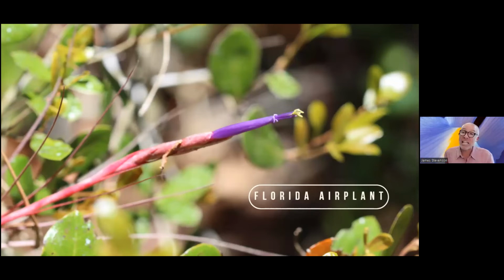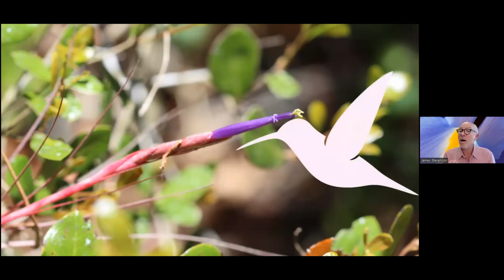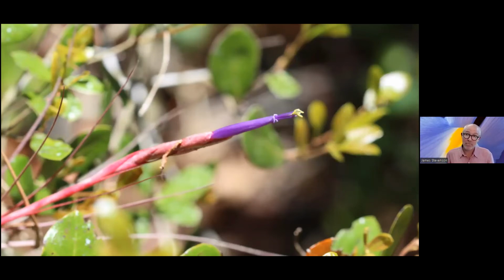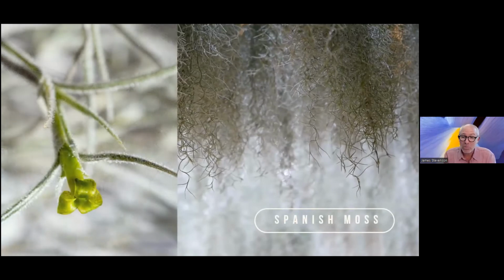In the bromeliads, like the Florida air plant, they co-evolved with hummingbirds and are expertly sized and shaped to reward the hummingbirds with high energy nectar and to cover their little hummingbird foreheads with pollen when they visit. It's the same blueprint, just modifications on a blueprint.